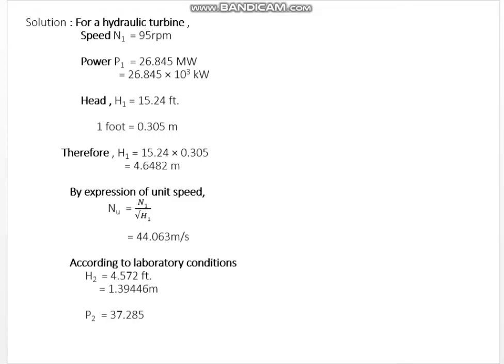So we have to make a model in the laboratory. Now according to laboratory conditions, H2 head is given 4.572 feet, which is equal to 1.39446 meter, and power P2 is given 37.285.